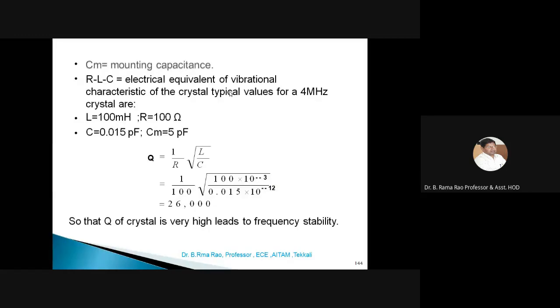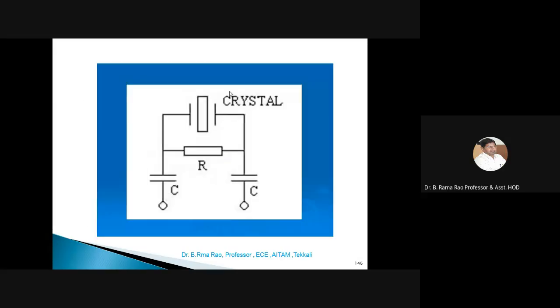L is equal to 100 millihenry, R is equal to 100 ohms, CS is equal to 0.01 picofarad, and CP is equal to 5 picofarad. Now find the value of Q and the stability factor. Solve this one.